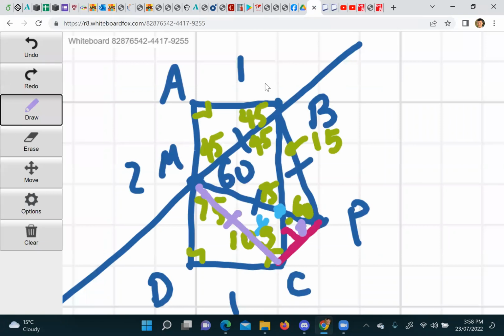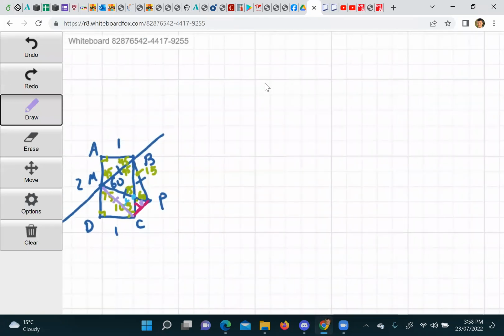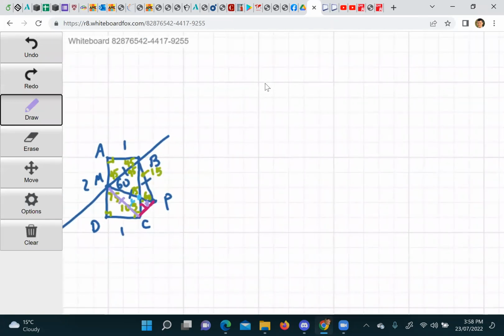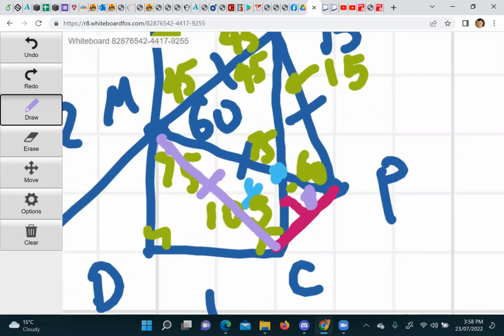Can you see that solves the problem? Okay, so it's isosceles, you see that? This angle is 45, yeah? And so that angle is 45. Okay, so which angle's 25?